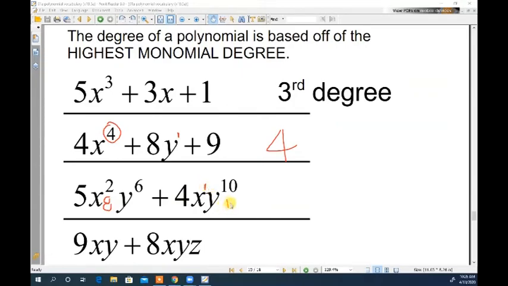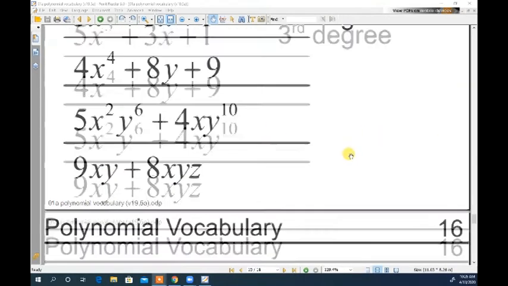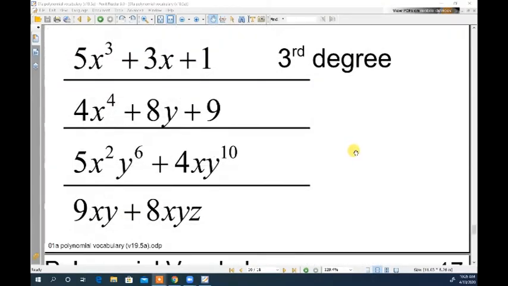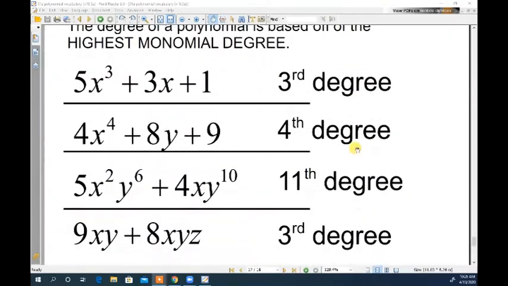Well, this guy's an 11, so the overall degree is 11. What's the degree of this one right here? 2. This one is a 3, so the overall degree is a third degree polynomial. Third, fourth, 11th, and third.